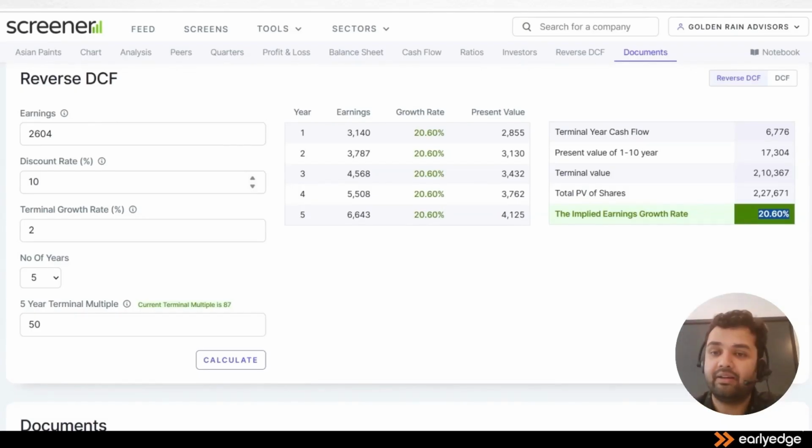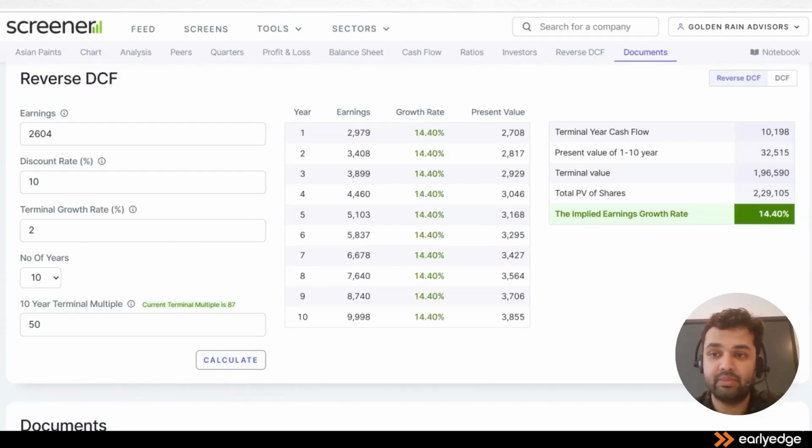Again, these are based on the numbers you are keying in here, and it can vary drastically. For example, if your holding period is 10 years, the company has to grow only at 15% year on year. So you can see how small changes in value can cause a lot of change in the implied growth rate.